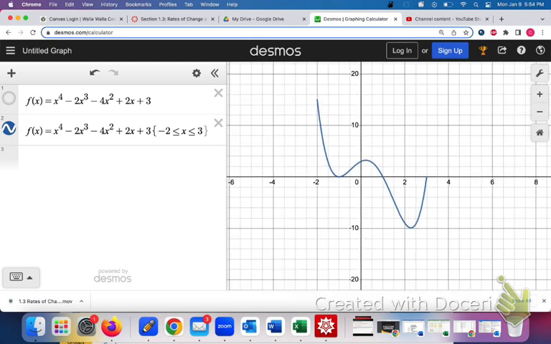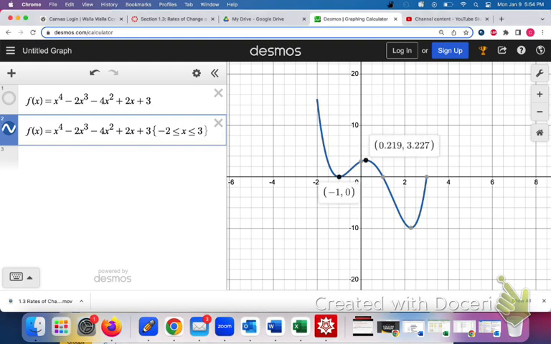Okay, so now, just like before, we're going from -2 to 3. I'm going to highlight the graph in purple where it's decreasing. As a matter of fact, though, there's a couple points that I should click first on the graph. I should click those peaks and valleys to get the coordinates of where the function changes from falling to rising and rising to falling.